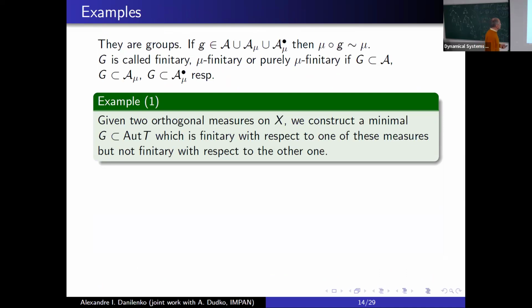A group G is called finitary, mu-finitary, or purely mu-finitary if G is a subset of A, A_mu, or A_mu-pure. I have an example which shows that whenever we have two orthogonal measures, it is possible to construct a minimal G such that G is finitary with respect to the first measure, but not finitary with respect to the other one.